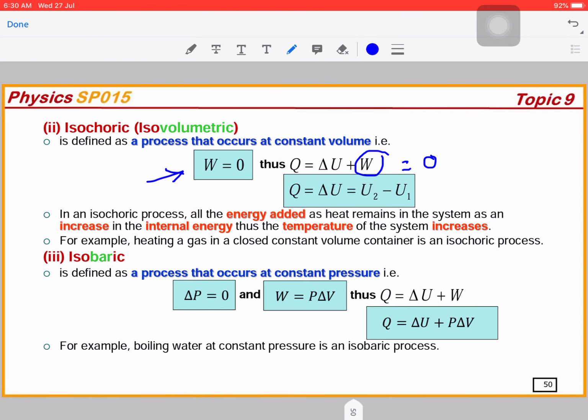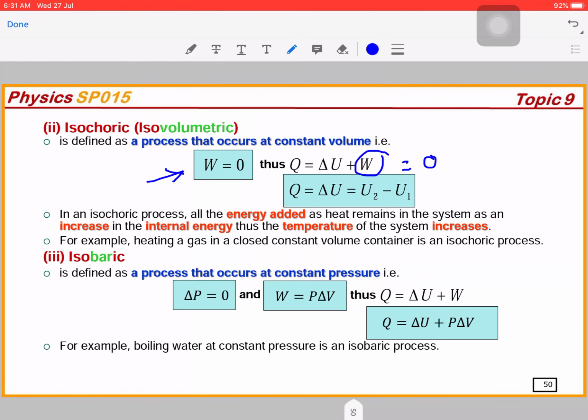Alright, next, isobaric process. Okay, so isobaric process is defined as a process that occurs at constant pressure. Okay, we have constant pressure. Okay, we started with isothermal, constant temperature, isochoric, constant volume. So isobaric is constant pressure.